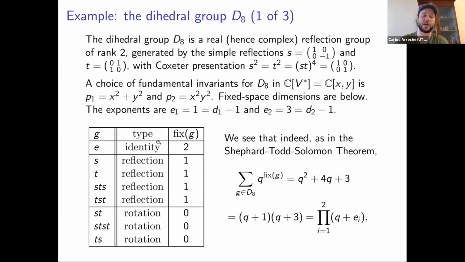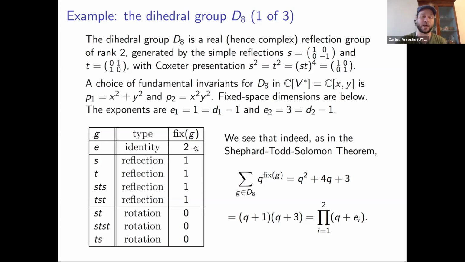I've listed here a table of what all the fixed spaces are, and the exponents of the group in this case are here. I obtained them by subtracting 1 from the degrees of the fundamental invariants. So it's 1, which is 2 minus 1, and then 3, which is 4 minus 1.